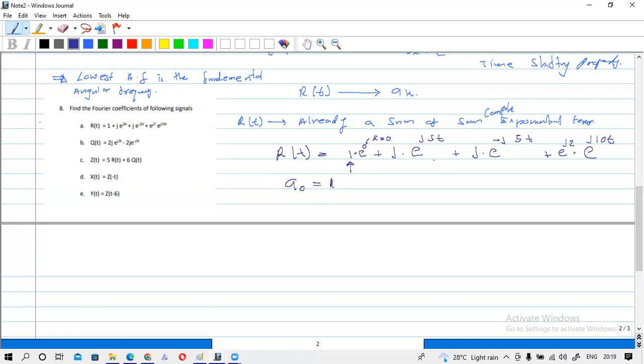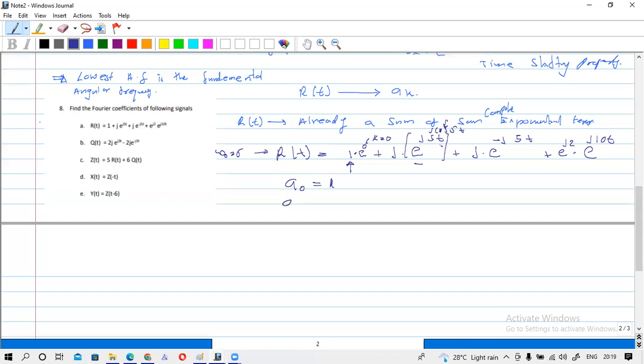If you consider this term, this is the exponential term, and t is there. We know that omega naught is 5 here, so this is e^{j(1)5t}, where k is 1.